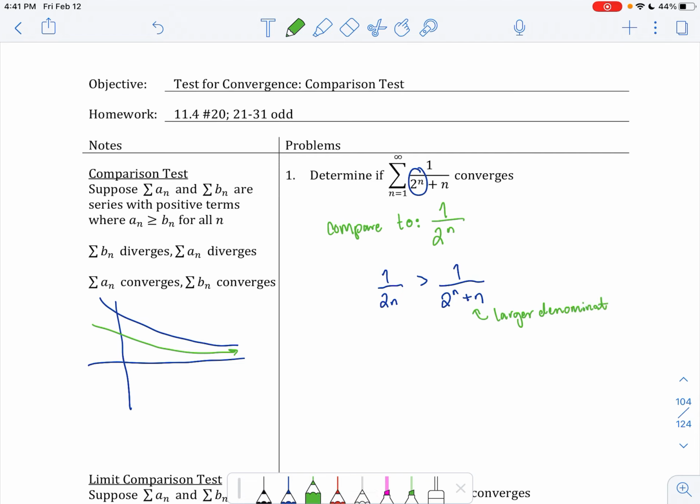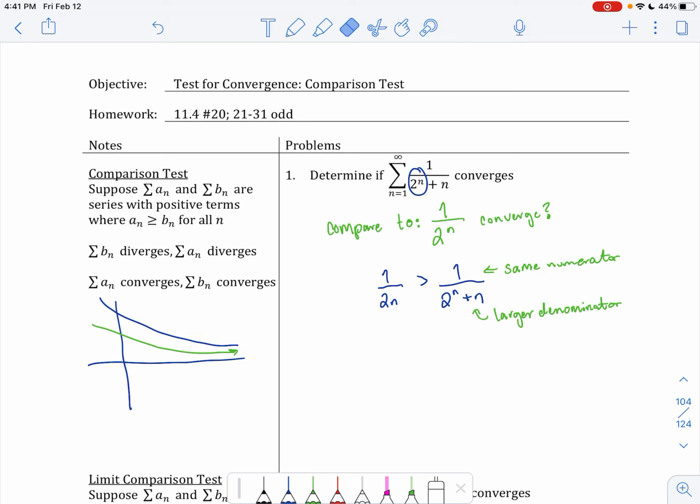And if you have a bigger denominator and the same numerator, that means that the fraction is a smaller number, right? 1/3 is smaller than 1/2. So then the question is, does this one that we're comparing to converge or not?